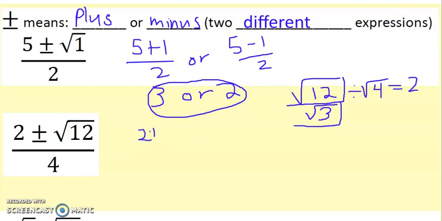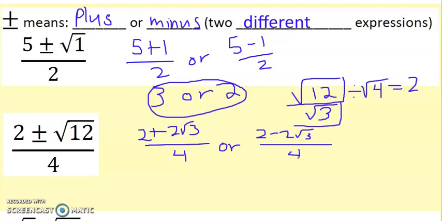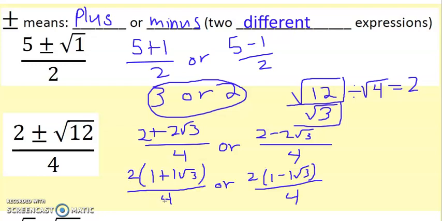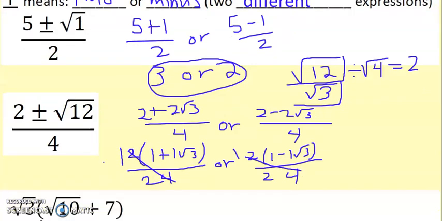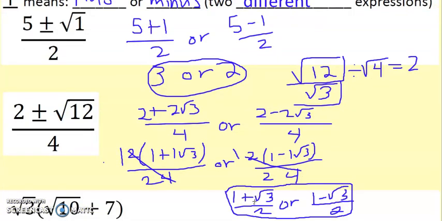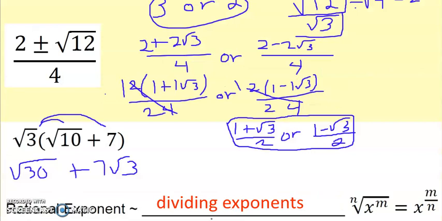So we have 2 plus 2 square root of 3 all over 4, or 2 minus 2 square root of 3 over 4. Let's factor out the 2's for each of these to cancel them out. 2 over 4 reduces to 1/2. So we have 1 plus square root of 3 over 2 or 1 minus square root of 3 all over 2. Rational exponents dividing exponents.